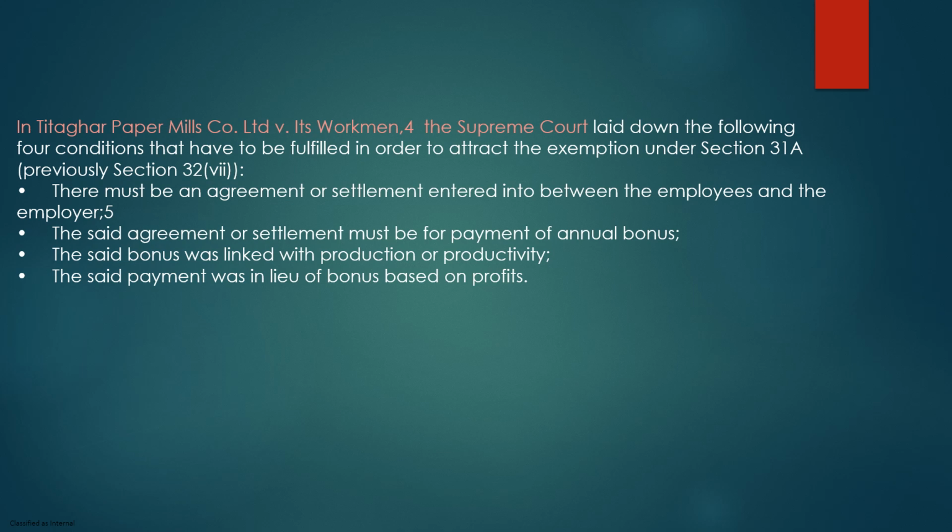The said bonus was linked with production or productivity. The said payment was in lieu of bonus based on profits. So, after paying the maximum bonus of 20%, if your books show so much profit and you want to pay more than that without it being treated as a bonus, what do you have to do? You have to fulfill the four conditions under Section 31A.